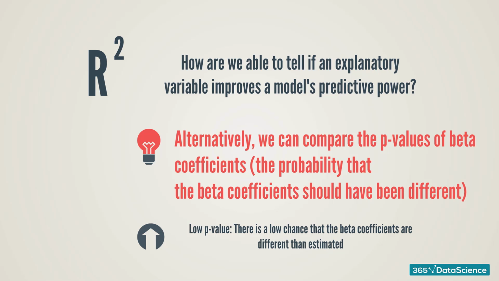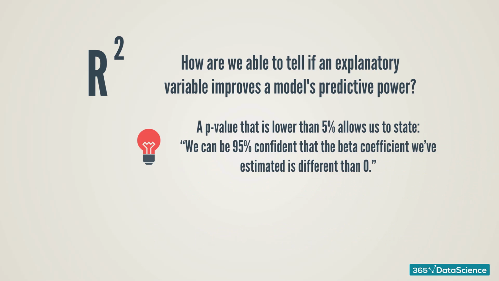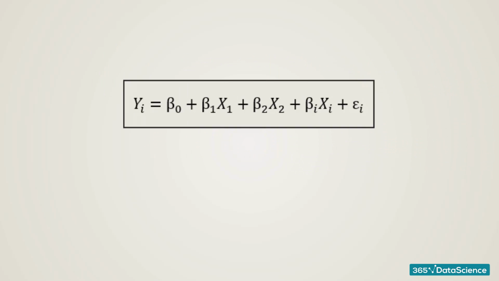It provides assurance that the real beta coefficient differs from 0 and helps us explain the dependent variable. A p-value that is lower than 5% allows us to state we can be 95% confident that the beta coefficient we've estimated is different than 0. Practitioners accept p-values that are lower than 5%, or if more conservative, lower than 1%. This is how we can run a multivariate regression.